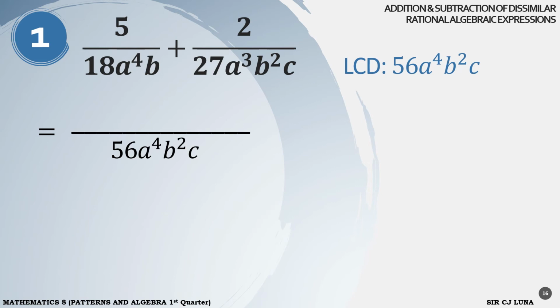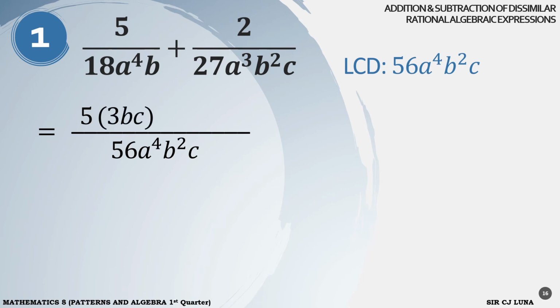Okay? So next is, you copy the numerator. And then proceed to dividing our LCD to the denominator of each rational expression. So unahin natin yung 18, a raised to 4b. Okay? So what is 54 a raised to 4 b squared c divided by 18 a raised to 4b?